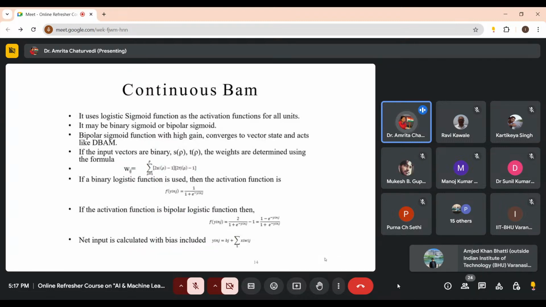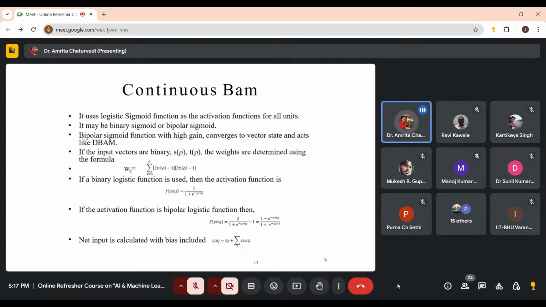Now let us see continuous BAM. Here the activation function that is used is a continuous function. So for example, you can use the logistic sigmoid function as the activation for all the units. So it may be binary sigmoid or bipolar sigmoid. Bipolar sigmoid function with high gain converges to a vector state and acts like discrete BAM.